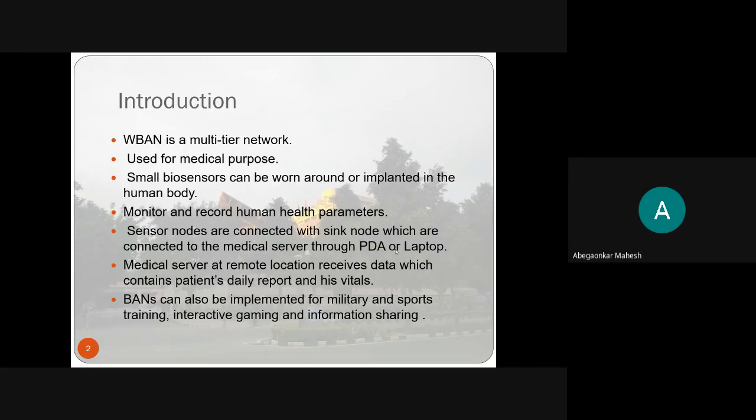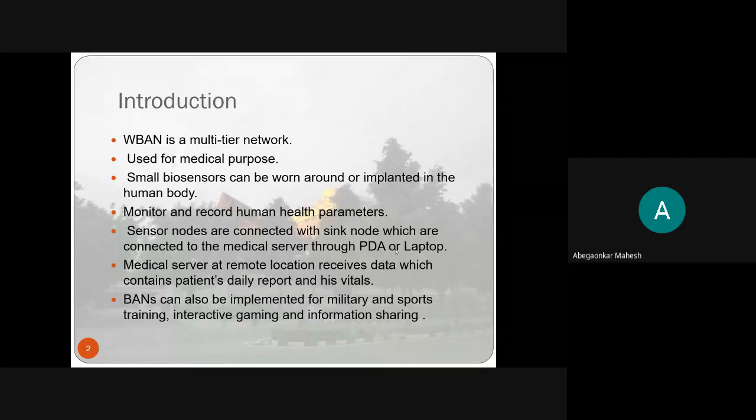You can put the biosensors on your wrist, on your leg, around your chest, or they can as well be implanted in the human body. Implantation has not yet taken off, but biosensors which are worn around the body have certainly been used in a lot of applications.